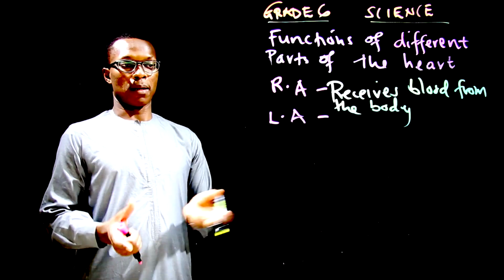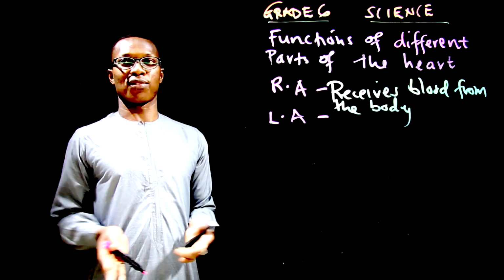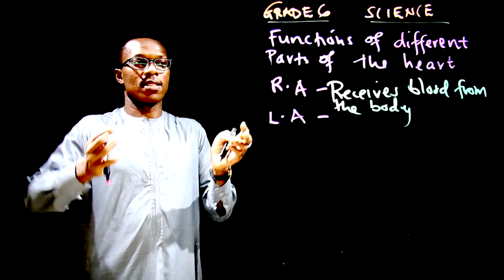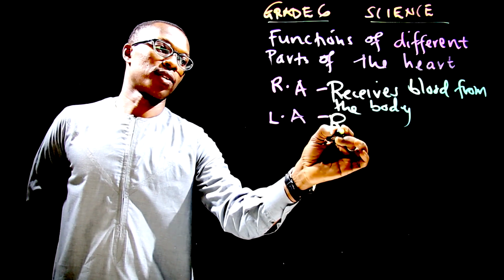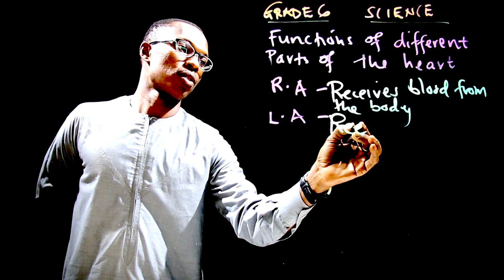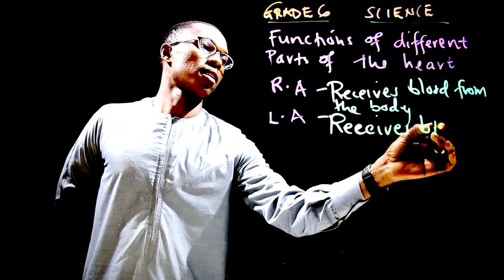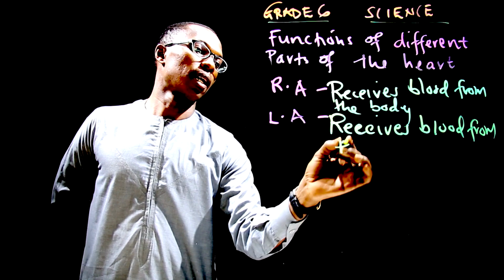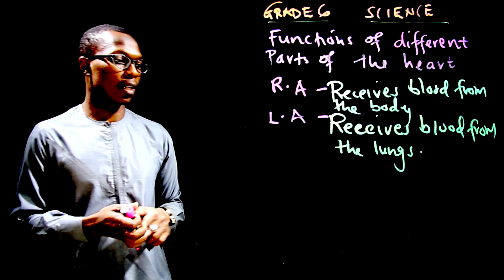For you to remember easily, just look at the letter L. L stands for left, and it also reminds you of lungs, so we can easily remember, yeah? So the left auricle receives blood from the lungs.